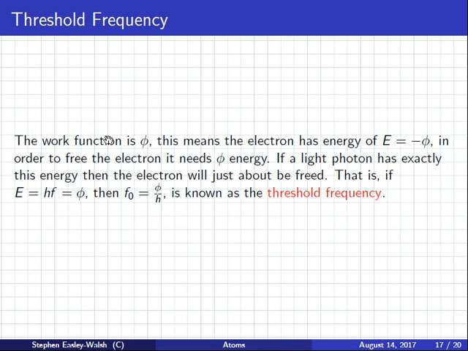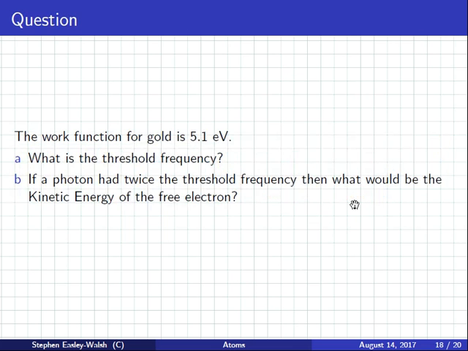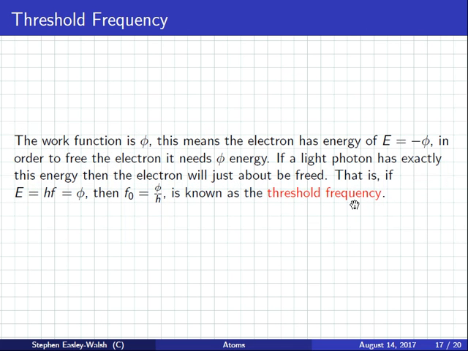That is, you can get this formula here. This is called threshold frequency. It's the minimum frequency required to free the electron. So just work function divided by h will do.